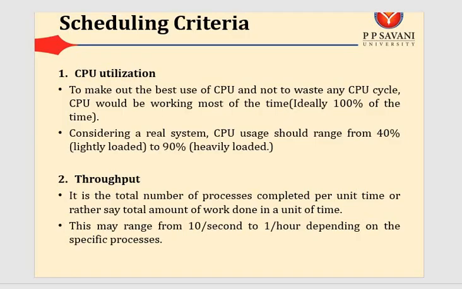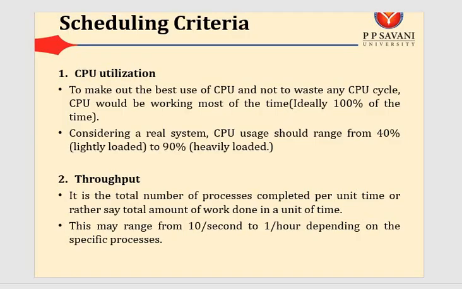So considering a real system, CPU usage should range from 40%, which is known as lightly loaded, to 90%, heavily loaded. That means whenever CPU utilization is more, you can say that the algorithm is the best.